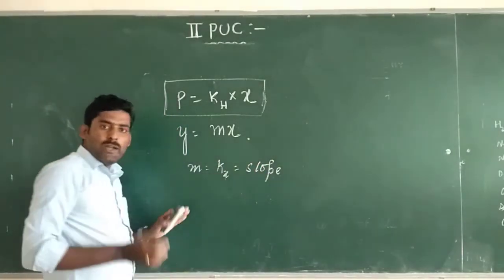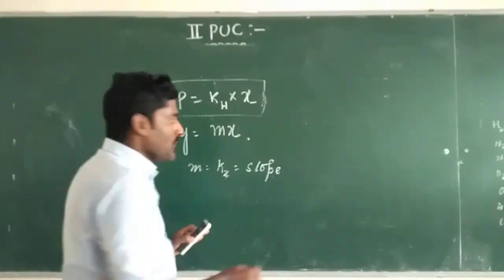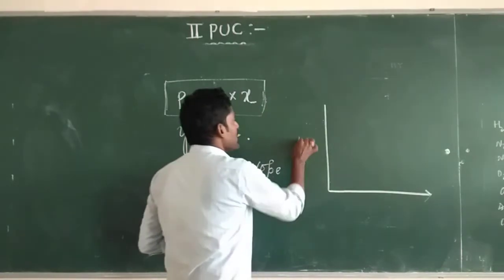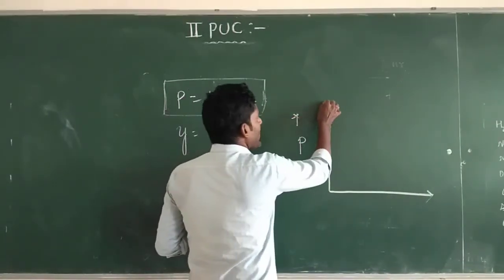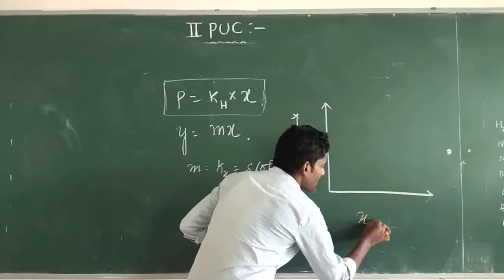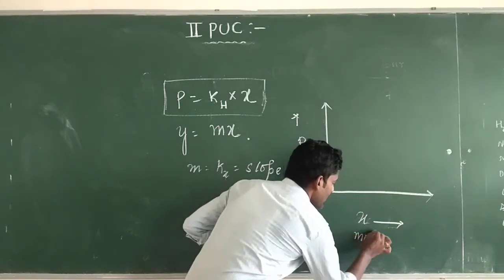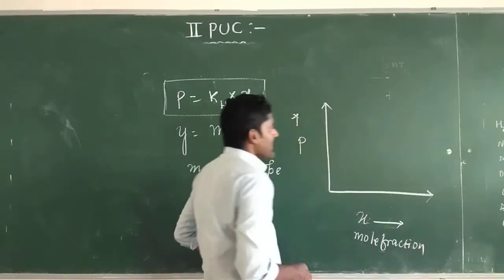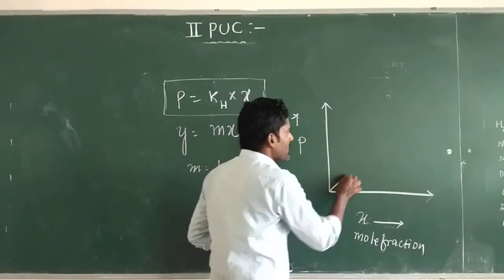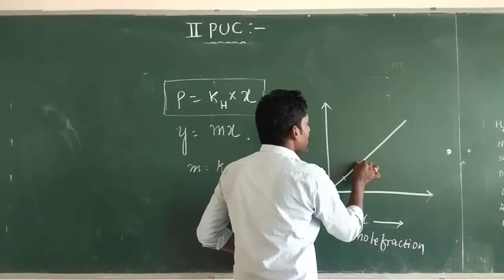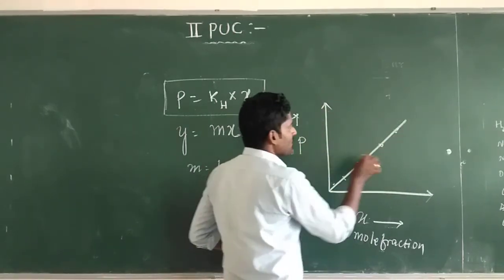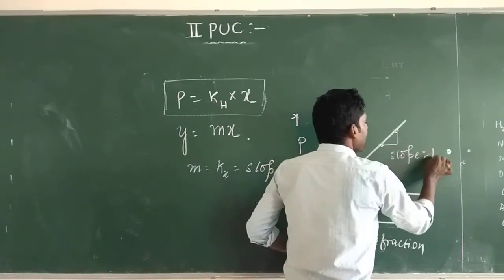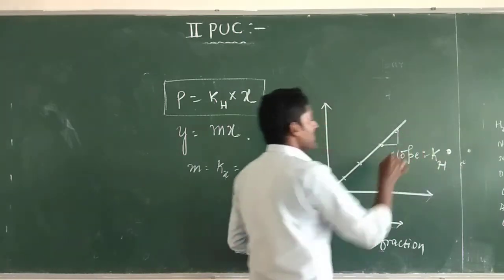So whenever we draw a graph of partial pressure along the y-axis and mole fraction along the x-axis, you will get a straight line passing through the origin, with the slope equal to KH.